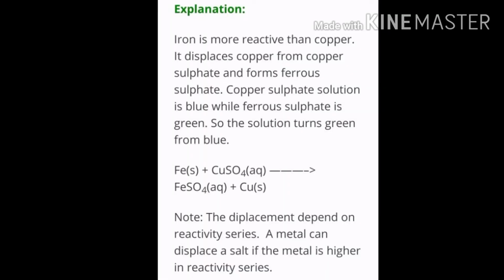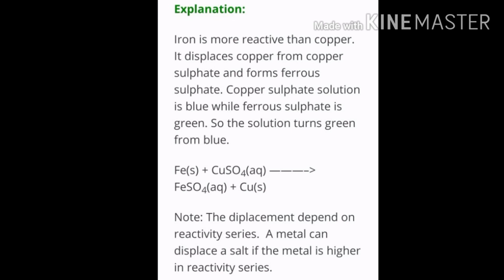What we are going to observe is that iron is more reactive than copper. It will displace copper from copper sulfate solution and will form ferrous sulfate. Copper sulfate solution is blue and ferrous sulfate solution is green. So the solution will turn from blue to green. This is the reaction which will take place.